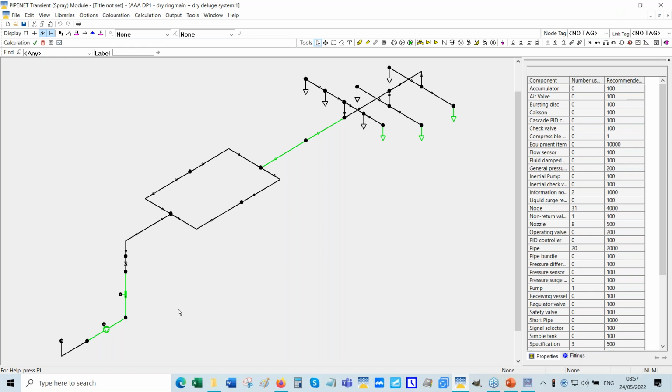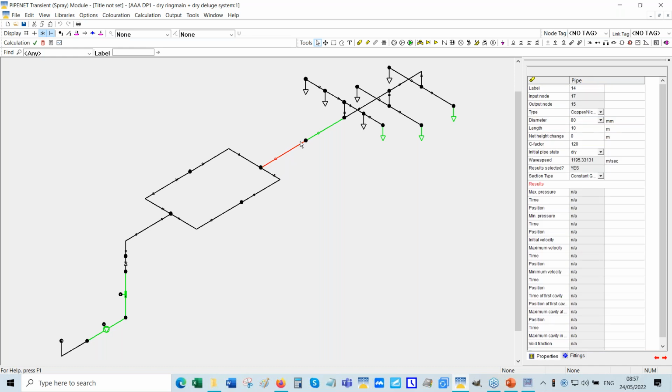But you'll find that in a system like this, because the fire water ring main tends to have larger diameter pipes, you could get a shock wave, a high pressure surge, when the water gets into this pipe.